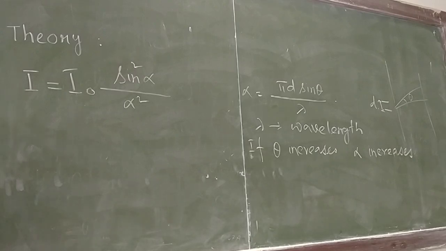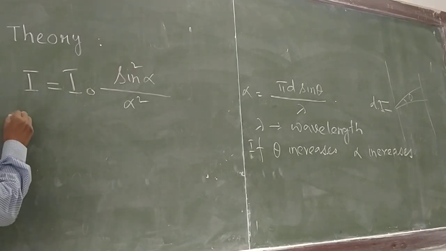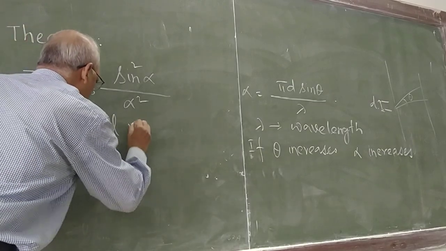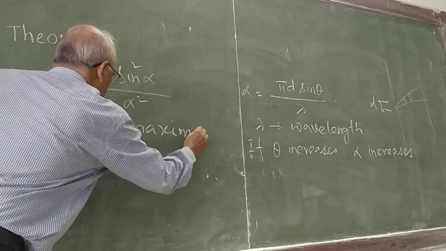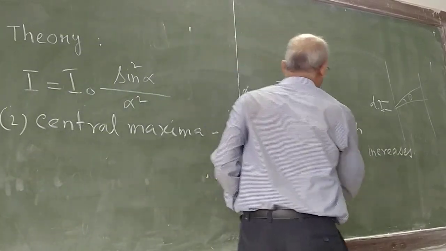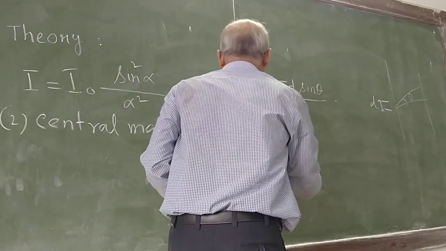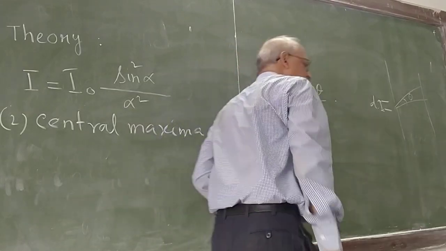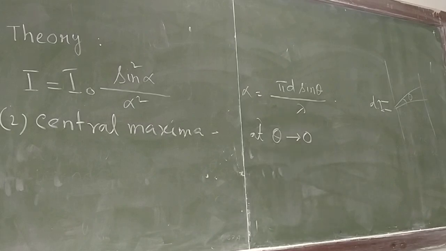Then, for the central maxima, where the central maxima takes place, theta is equal to 0. Theta is equal to 0, we say theta tends to 0. Same thing, theta is equal to 0, we call it central maxima, we say theta tends to 0. Theta exactly equal to 0 is not allowed, as any number divided by 0 is not defined. So theta tends to 0.